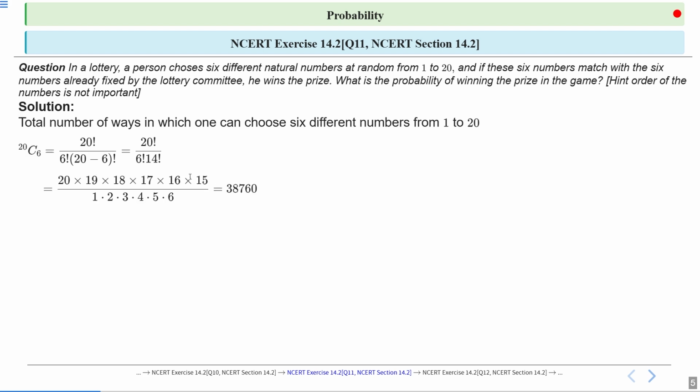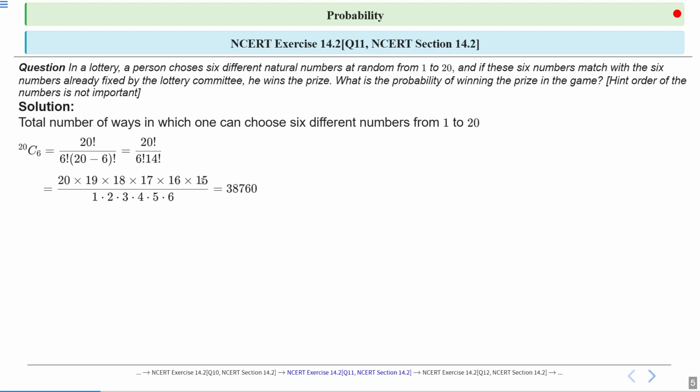Now you can write 20 factorial as 20 into 19 into 18 into 17 into 16 into 15 into 14 factorial. Here 14 factorial will cancel out, and it will become 20 times 19 into 18 into 17 into 16 into 15. Clear?